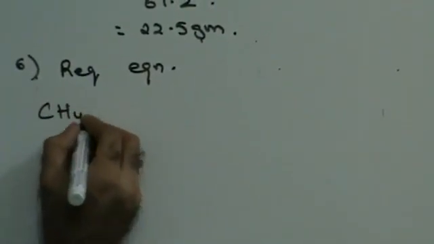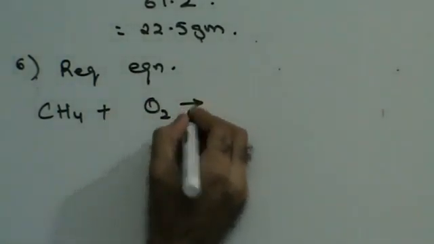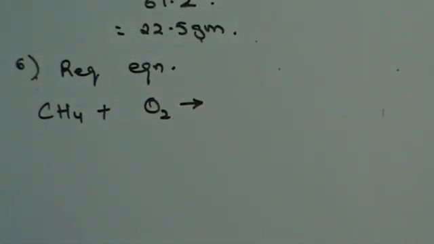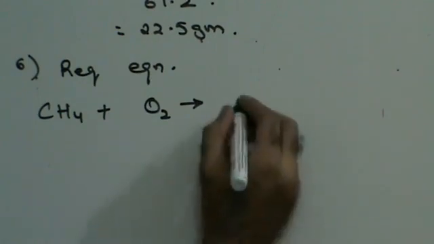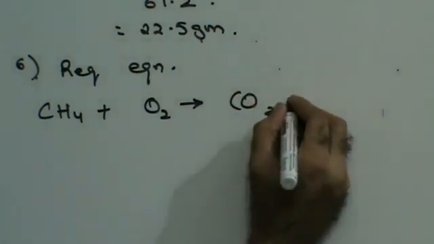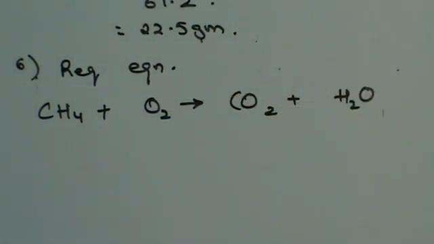I want complete combustion of methane. Methane is CH4. Combustion means I'm going to burn it in air. When any organic compound is burned in air, you get carbon dioxide gas and water, right?